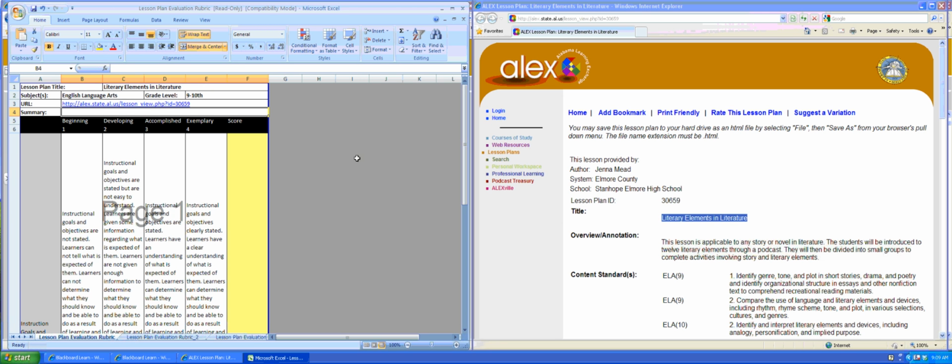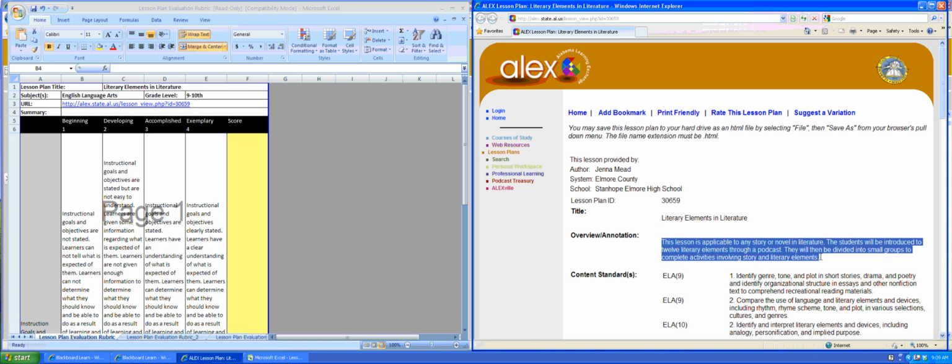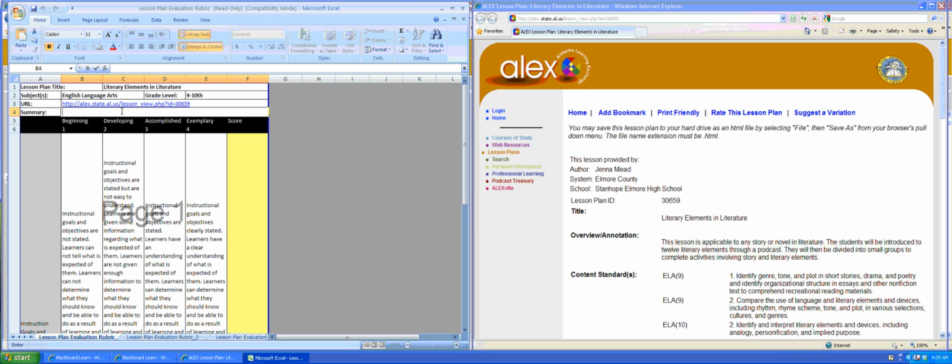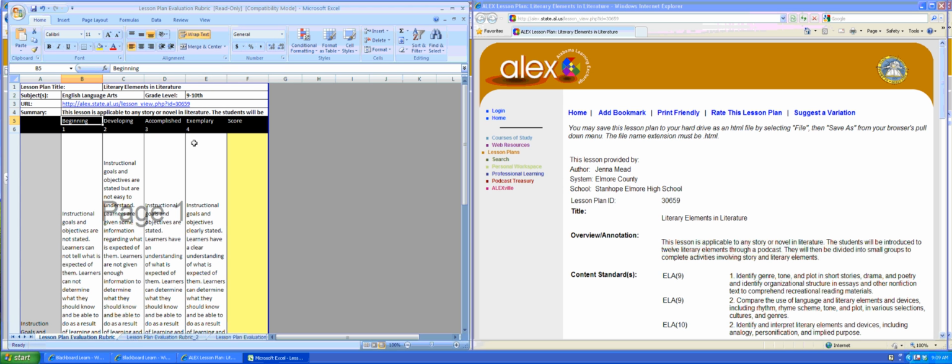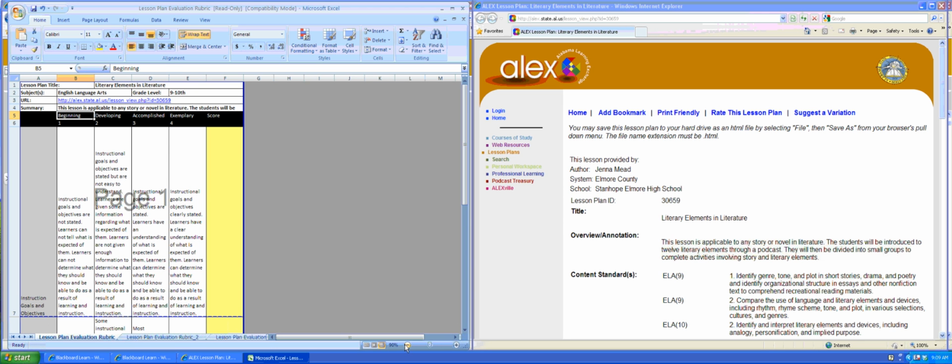And then a brief summary. You can actually copy the introduction or the summary of the lesson plan from whatever site you get it from, or you can enter that information for yourself. Either one. Make sure you fill out the information at the top for each lesson plan that you complete.